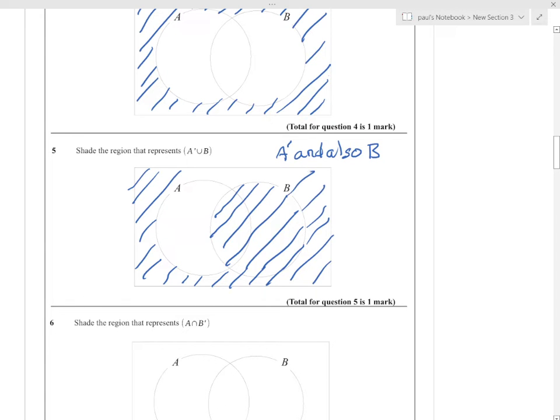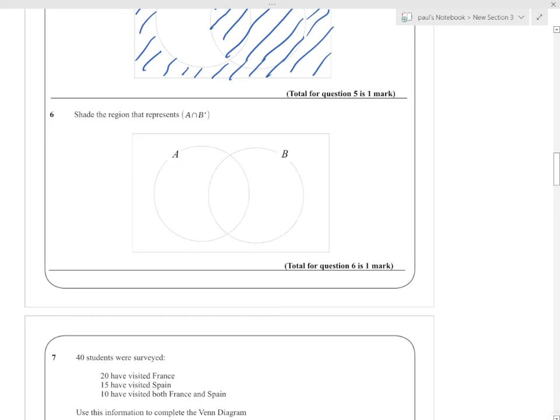These are mind-bogglingly crazy Venn diagrams. So there's a region that it's either not in A or it is in B. Whew. So how many of these have we got to do?